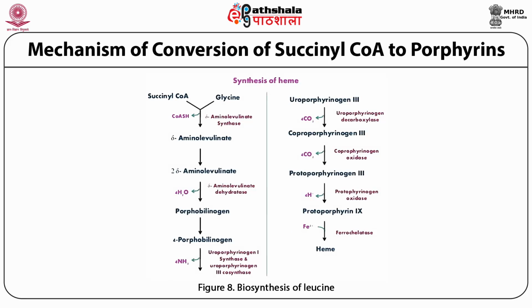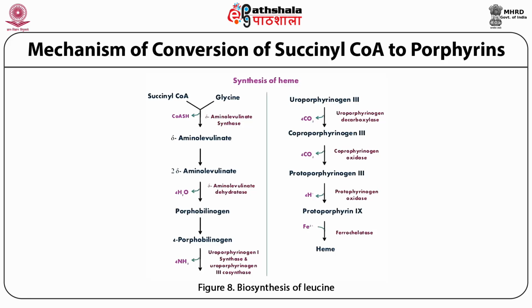If you see the route for the synthesis of porphyrin and heme, succinyl coenzyme A is coupled with glycine to produce delta-aminolevulinate. 2 aminolevulinate molecules condense to form porphobilinogen, and porphobilinogen in turn is converted into 4 porphobilinogens.